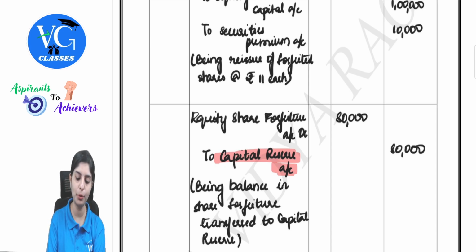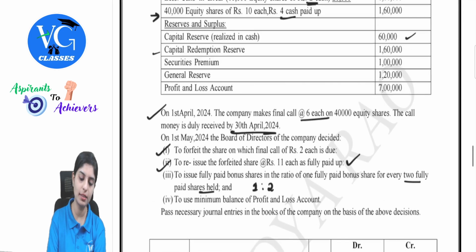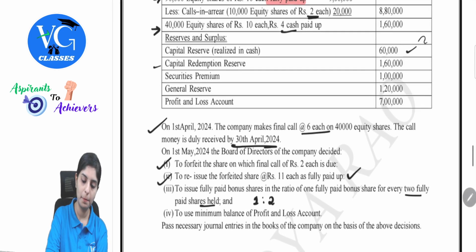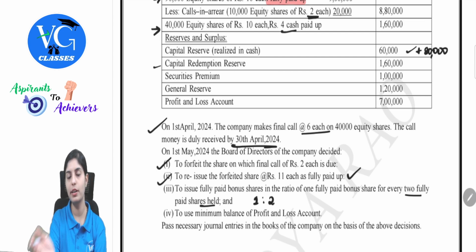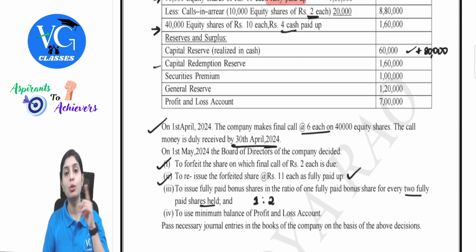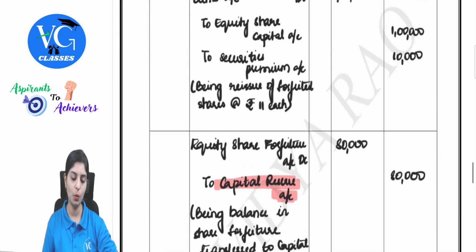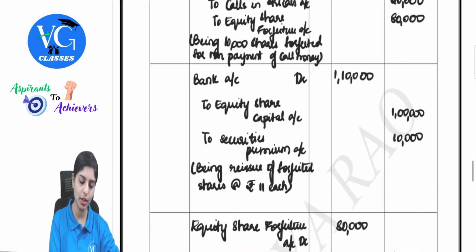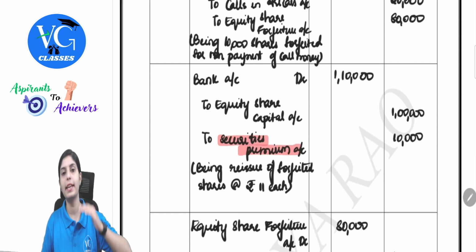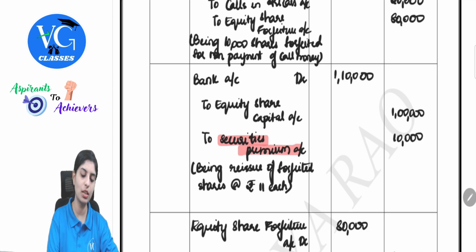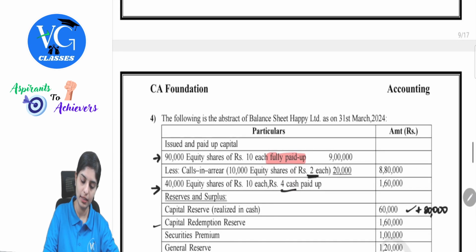So this is the important point. 80,000 will be considered to this, 60 plus 80. Then securities premium. If you also again observe, there was already an existing balance 1 lakh. Through reissue, there was shares reissued at premium. So you have transferred some amount to securities premium as well, which will again increase by 10,000. So these two balances should also be considered. This is what is important in this question.